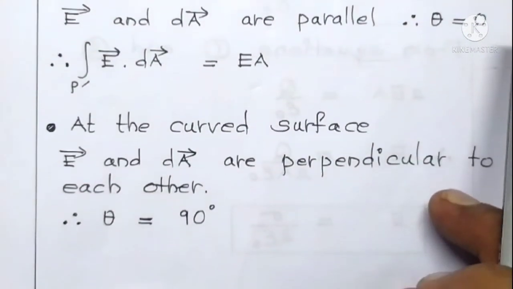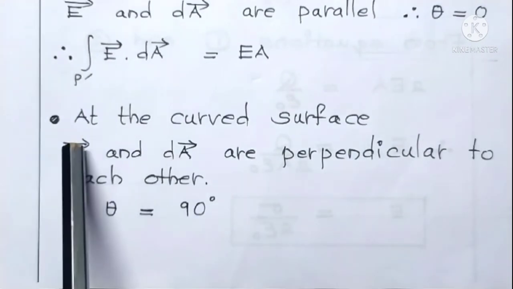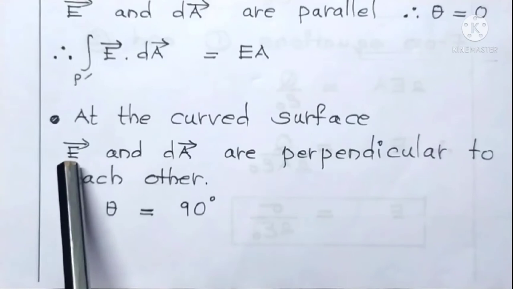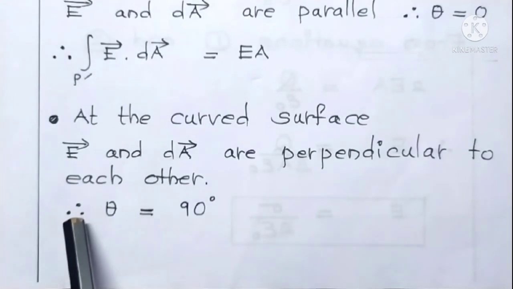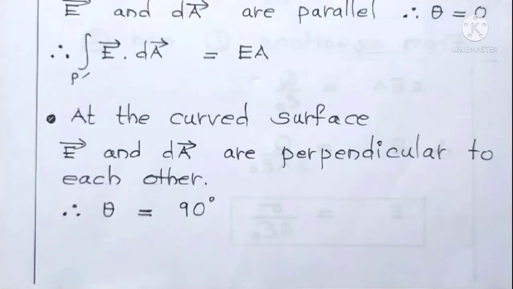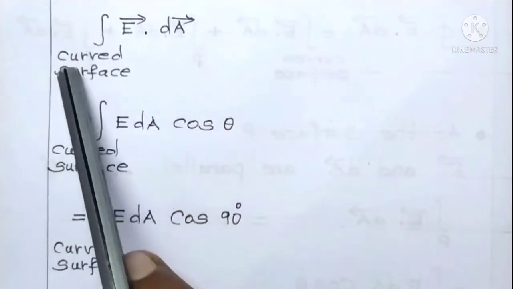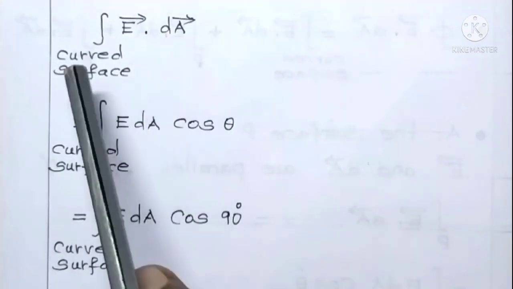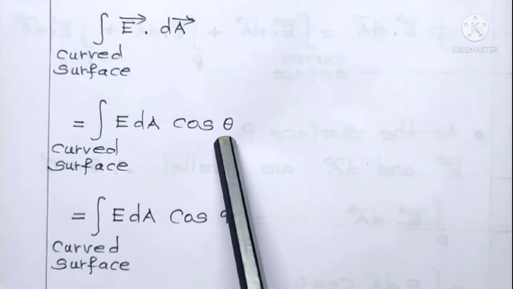Now we are going to find out the integration at the curved surface. Here, as we have already learned, E vector and dA vector are perpendicular to each other. Therefore here theta is equal to 90 degree. So let me write the equation. Integration of E vector dot dA vector at the curved surface is equal to E dA cos theta.